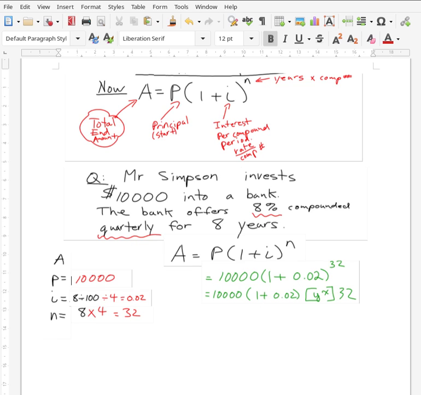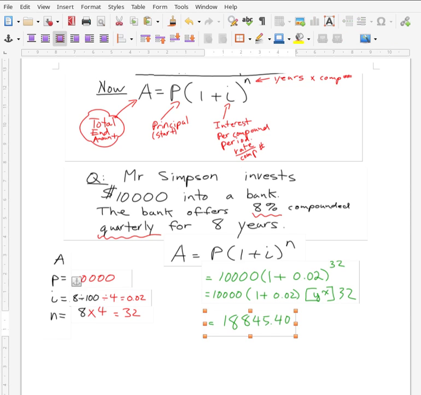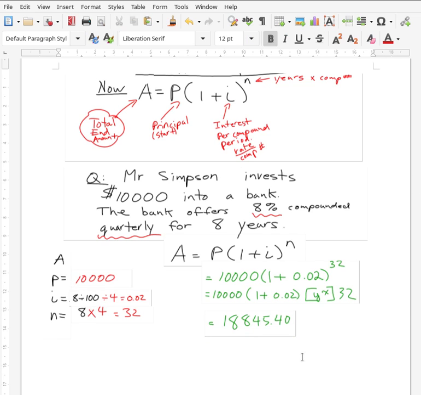If you want, you can rewrite this as 10,000 times 1.02, y to the x, 32. When you punch that in, you're going to end up with this final answer. Remember, you're always rounding your final answer.